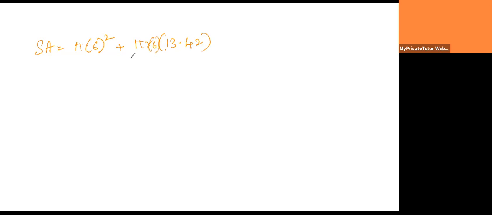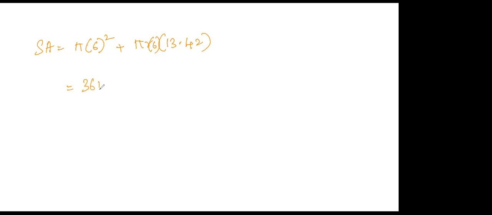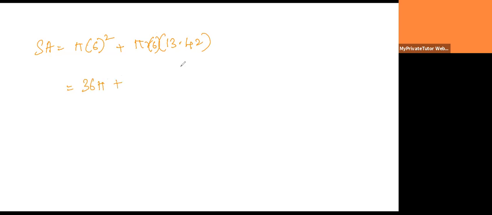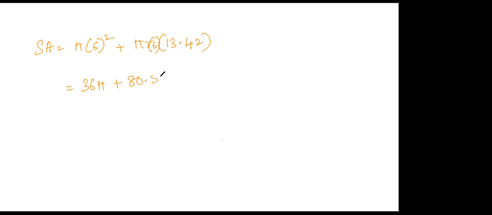It is 6. So just do 36 pi, and then multiply this 6 and this 13.41. You get 80.52, so 80.52 pi.